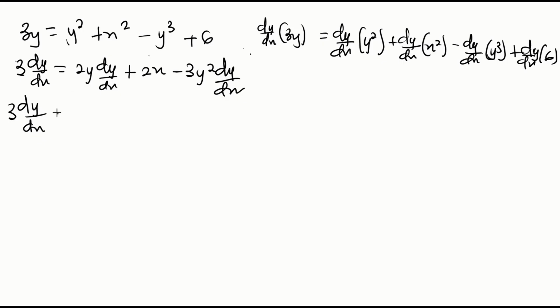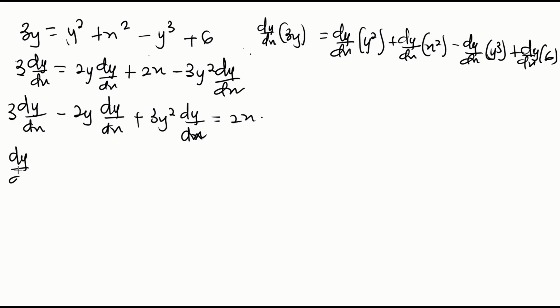I bring this to the left side, minus 2y dy dx. I bring this also, I get positive 3y squared dy dx, which is going to result in 2x. With this, I can factor out my dy dx. I'm left with 3 minus 2y plus 3y squared, which is equal to 2x.